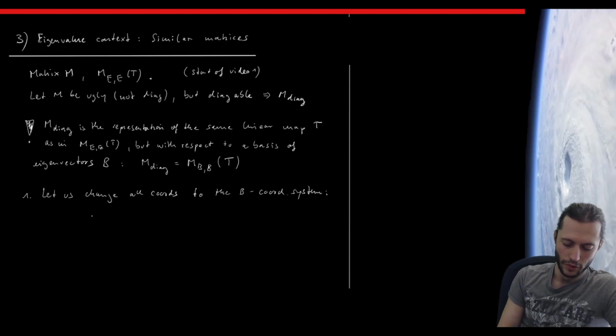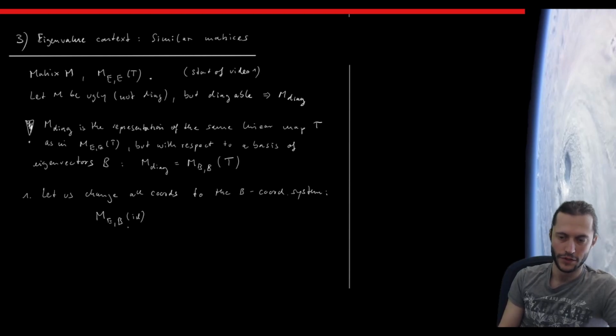We know that there's a matrix where you put in, for example, standard coordinates. It represents the identity. This is the change of coordinate matrix. And you multiply it by x with the old E coordinates.